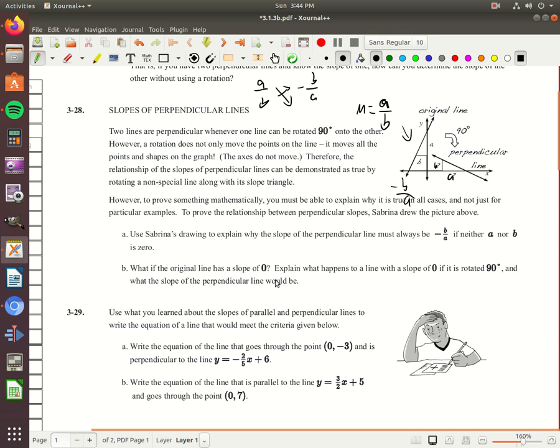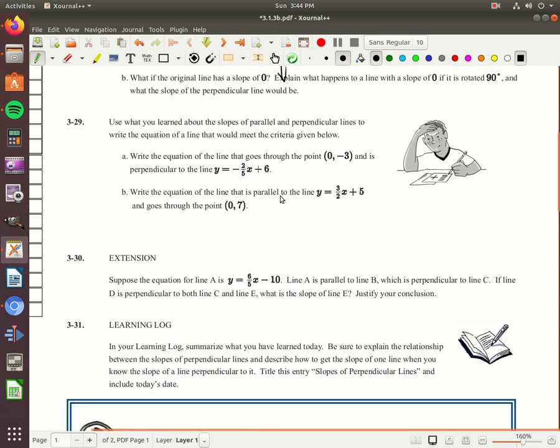It says, what if the original line has a slope of 0? Well, then I guess undefined, if you guys remember, would be our perpendicular slope there. So I know I went through that problem quickly, but I hope you follow what's going on there. It's kind of neat. Up A over B, down B over A, negative reciprocals.